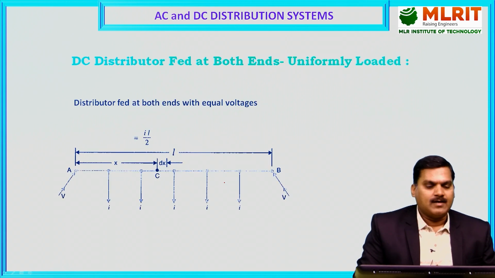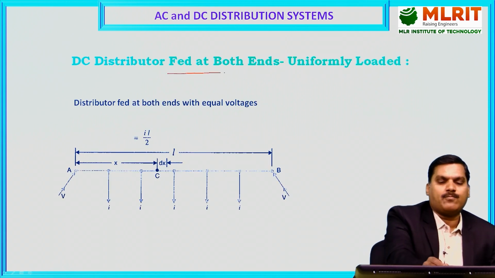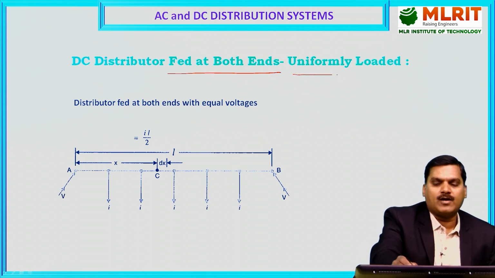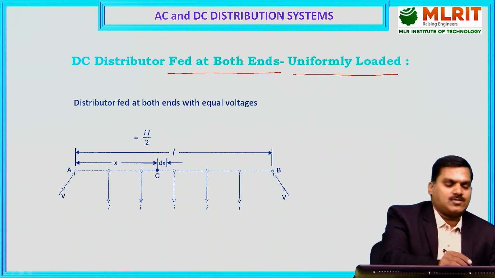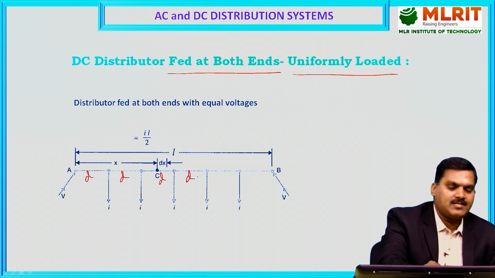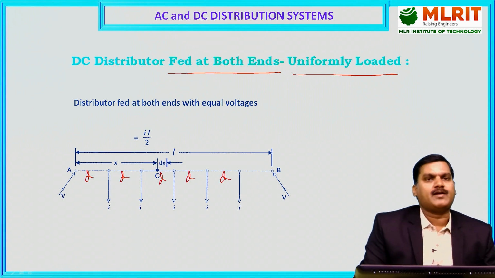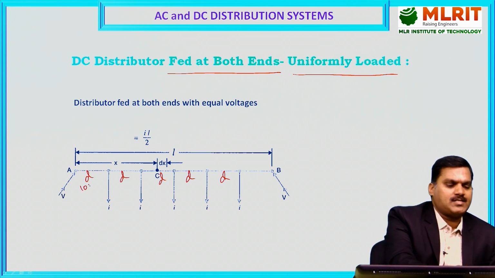And if you see another one, a DC distributor fed at both ends with uniform loading. Again, like the previous one, uniformly loaded means these distances are the same, at equal distances. You can take 1 meter, 2 meters or 100 meters, each distance may be 100 meters, like that, equal distances.